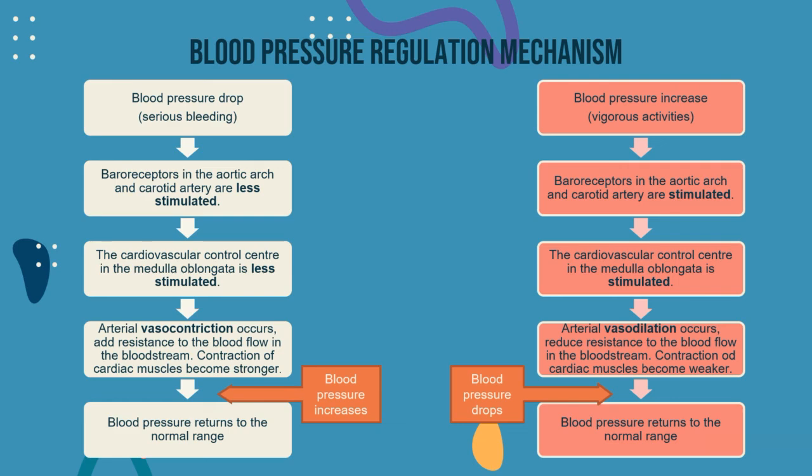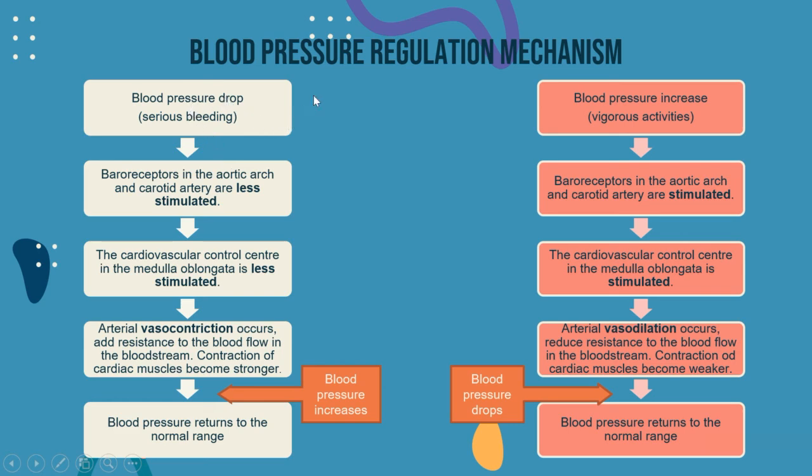When the heartbeat rate increases, it will cause the blood pressure to return to the normal range. Alright, so that is referred to as the regulation of when our blood pressure drops.